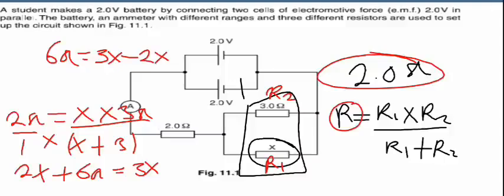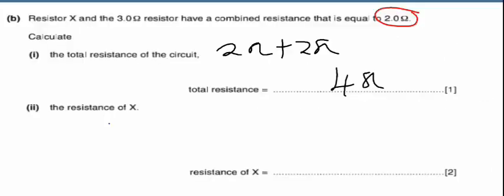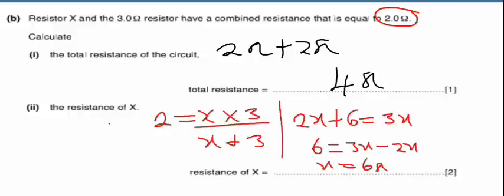Now 3X minus 2X, I'm going to get X. So X is going to be equal to 6 ohms. Meaning the value of X here is just going to be 6 ohms. This one is our answer.